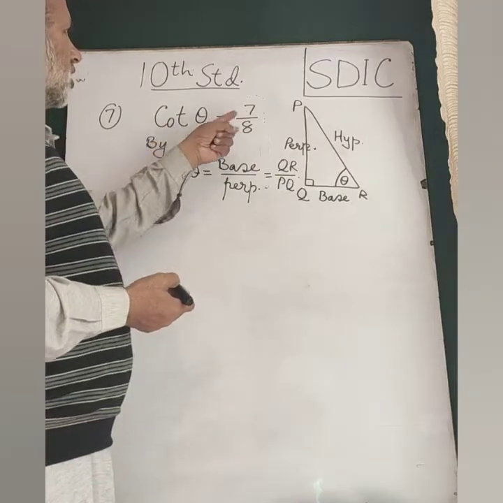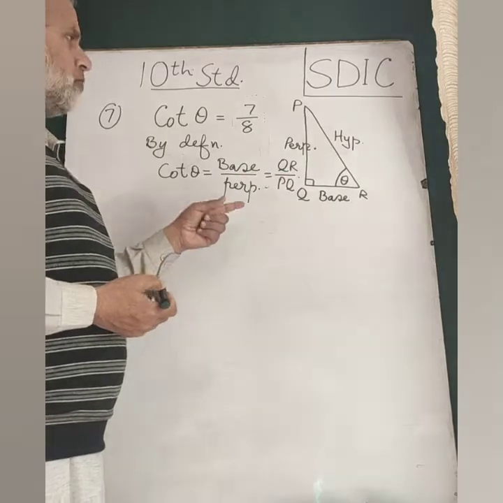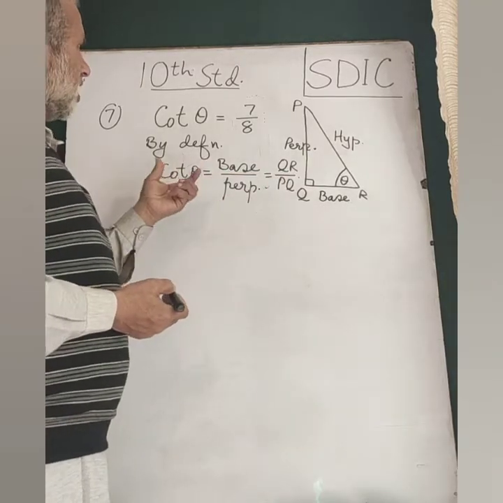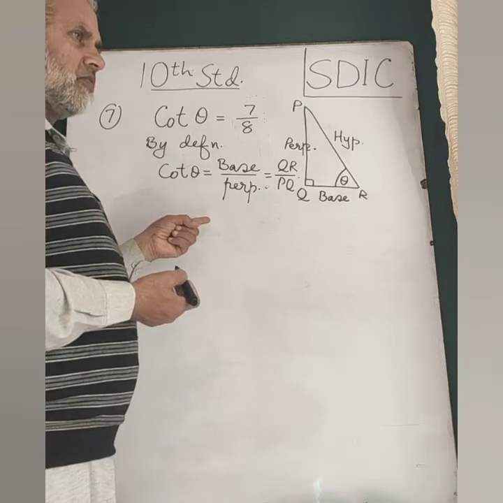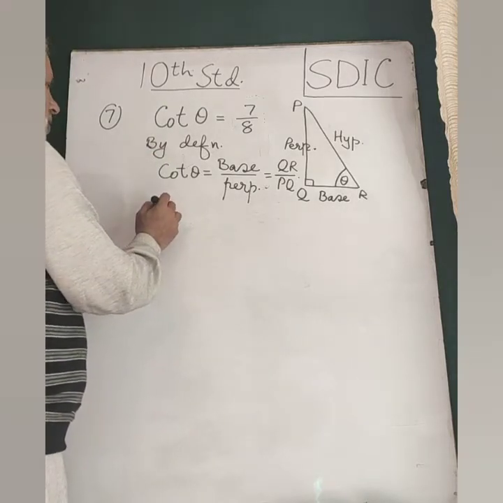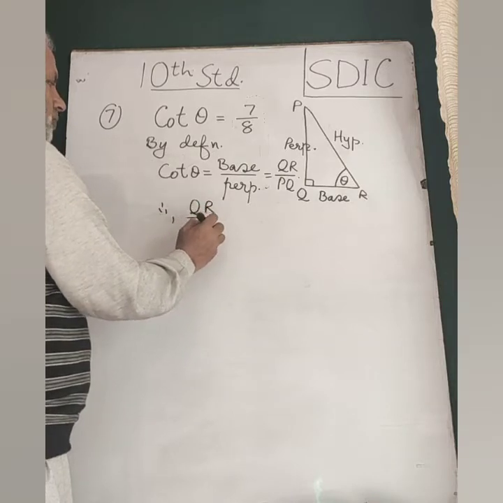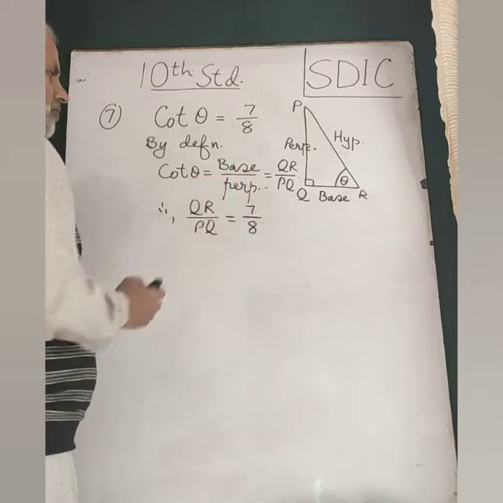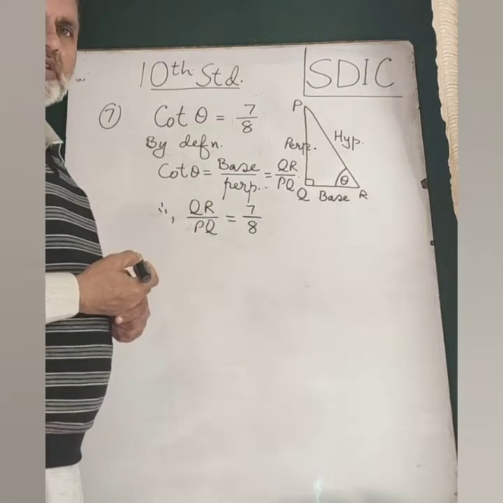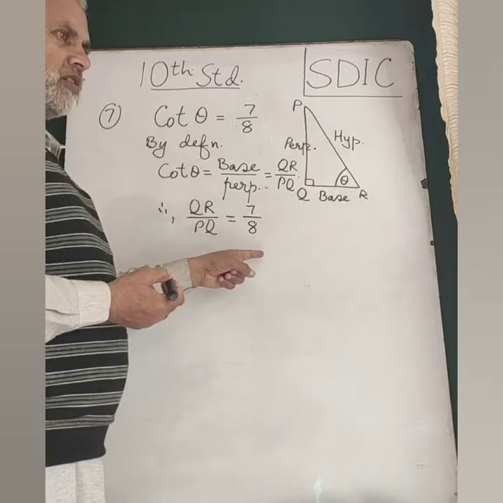We already have cot theta as 7 by 8. Now cot theta we got by definition as QR by PQ, and then we apply Euclid's axiom. Cot theta will get eliminated. So what will we have? Therefore, QR by PQ will be equal to 7 by 8. Which means QR will be 7 parts, PQ will be 8 parts.